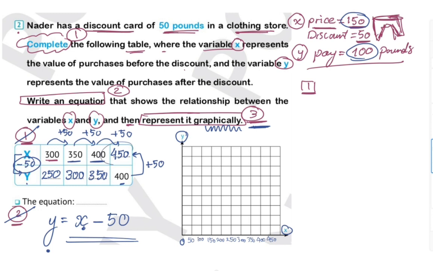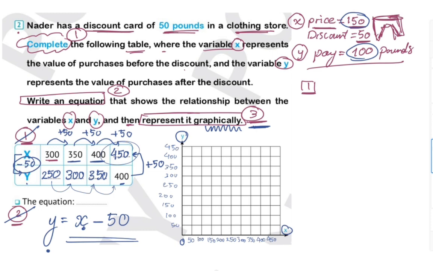That is the biggest one, okay? On the y-axis, here we have y, 250, 300, 350, 400, just increasing by 50. Start with 0, then 50, 100, 150, 200, 250, 300, 350, 400, maybe 450.